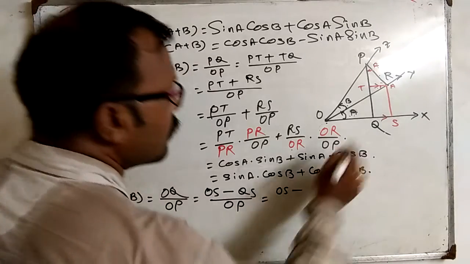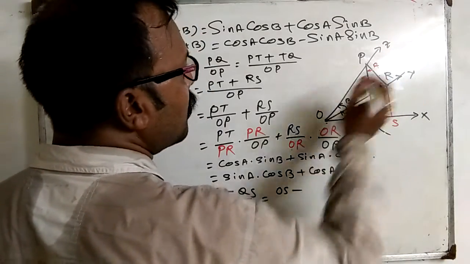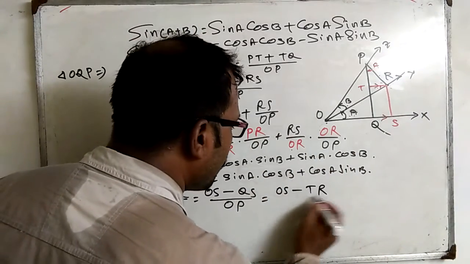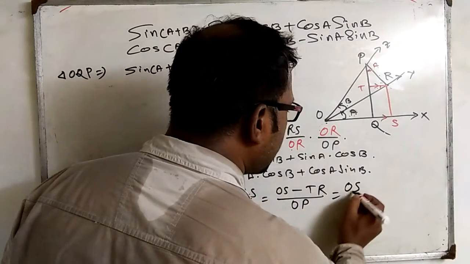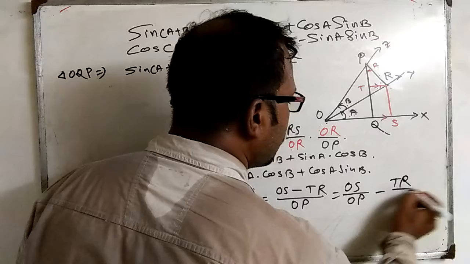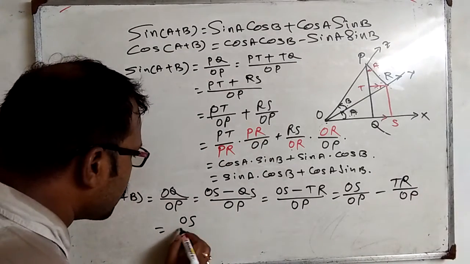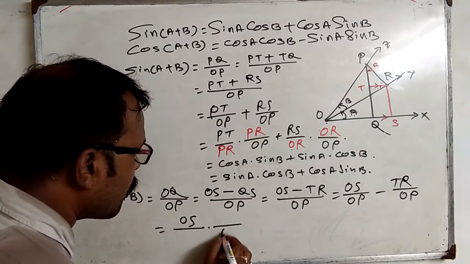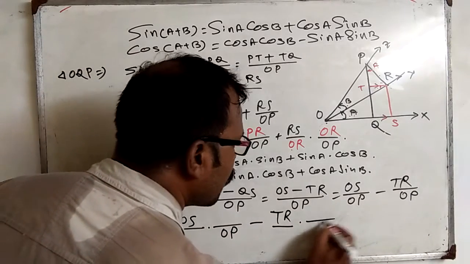So QS is equals to TR by OP. Now OS by OP minus TR by OP.